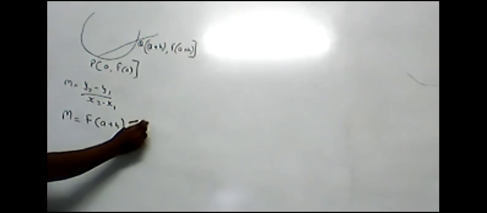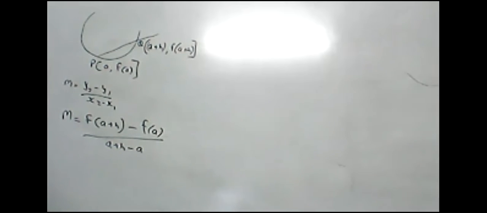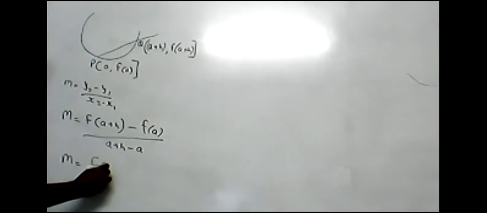Let's use this formula. So here the slope formula will have y as f of a plus h minus f of a, upon x2 which is a plus h minus a. So m is equal to f of a plus h minus f of a upon h.